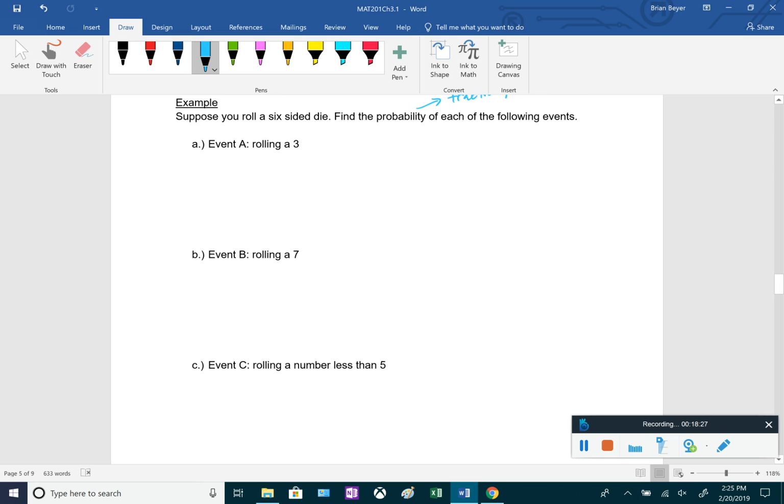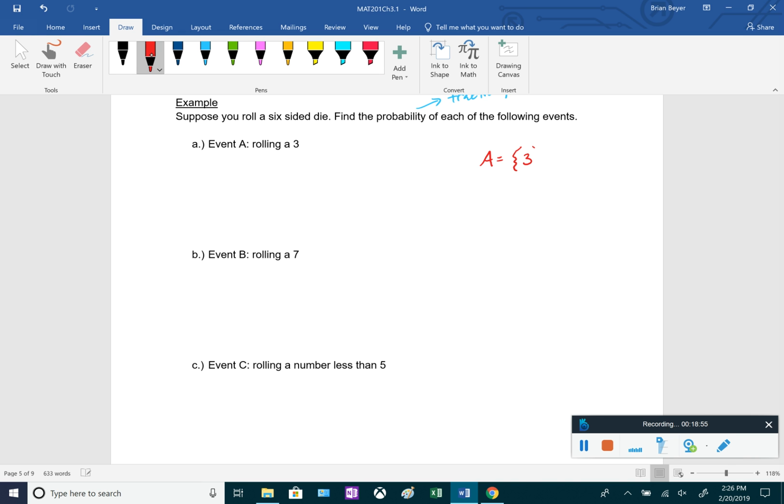Okay, so we roll a 6-sided die. We want the probability of event A, which is rolling a 3. So what's the probability of rolling a 3? I'm sure most of us know that there's 1 3 on a 6-sided die, so the probability would be 1 out of 6. The way that I could set this up if you were struggling with a question like this: event A is rolling a 3.